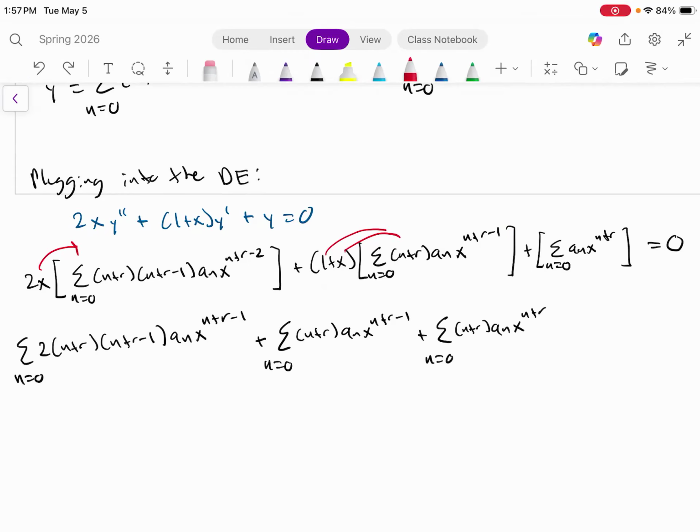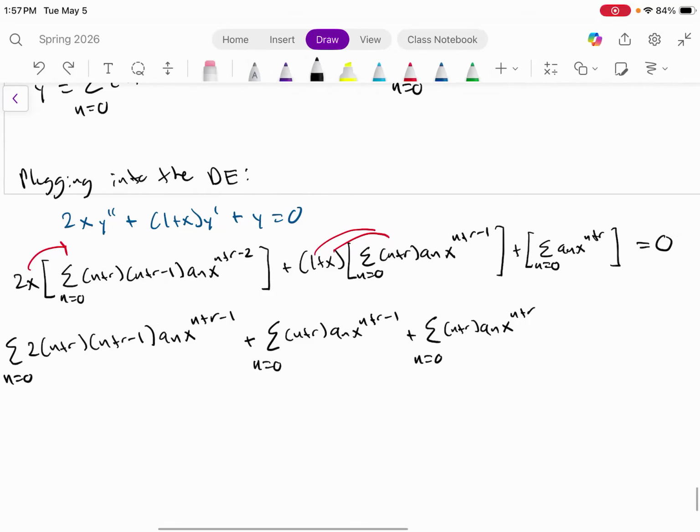So I'm just left with n plus r now. And then our last term is unchanged, a sub n, x to the n plus r, and this all just equals 0. Now I have 4 terms, so this 3-term series has turned into 4 terms.